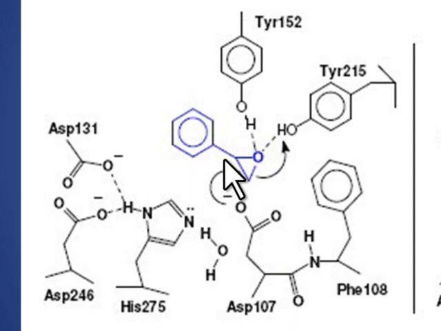The xenobiotic substrate shown in blue is styrene oxide. As we have seen with the carboxylesterase catalytic triad, we see here that an electrophilic carbon within the epoxide ring is attacked by the nucleophilic oxygen, in this case from aspartic acid.